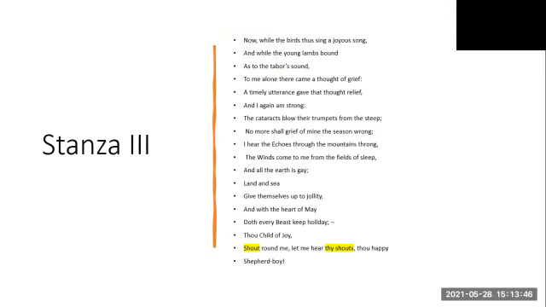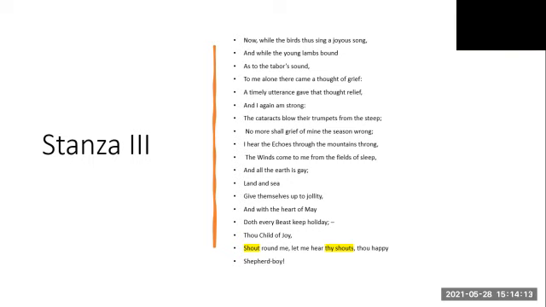Let's look at stanza 3. Now, while the birds thus sing a joyous song, sing song. What kind of song? It's joyous, happy. Who is singing? The birds. And while the young lambs bound as to the tabours sound.